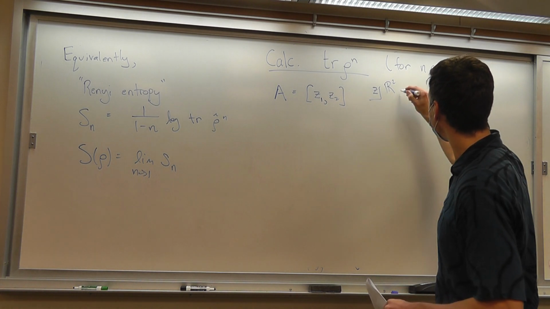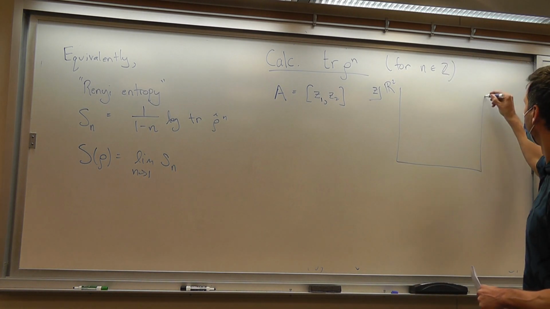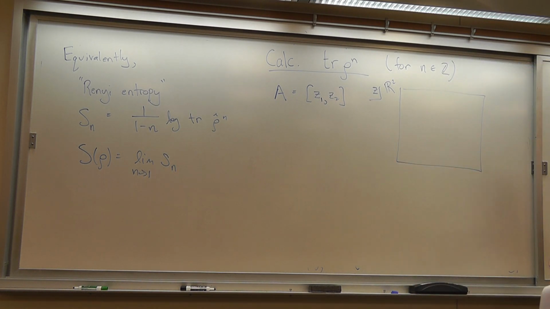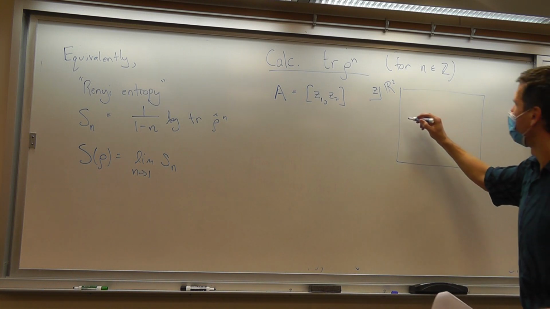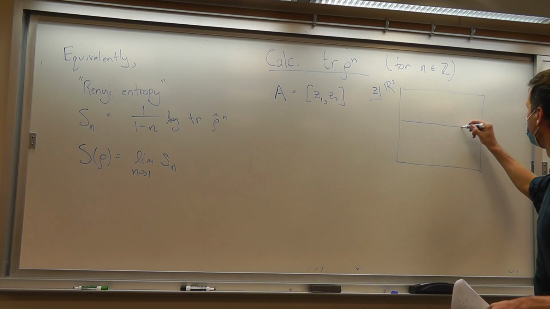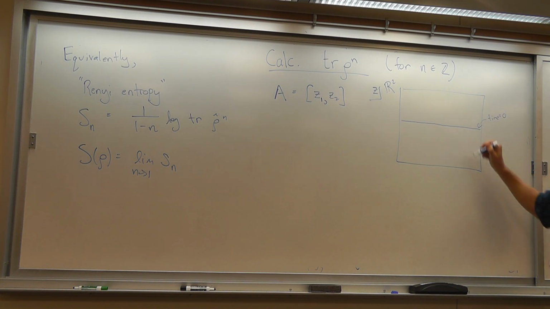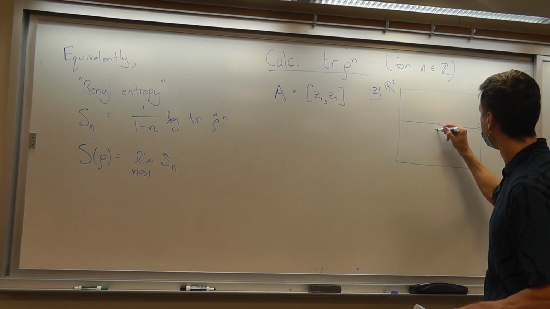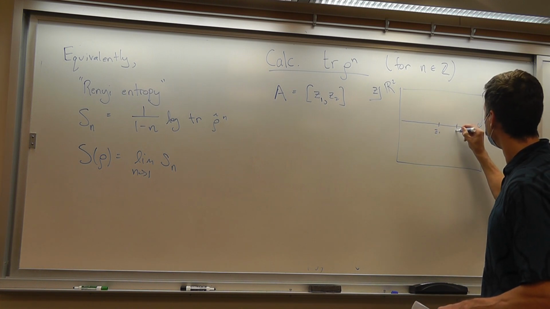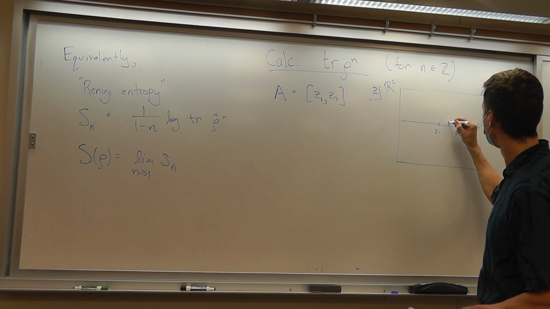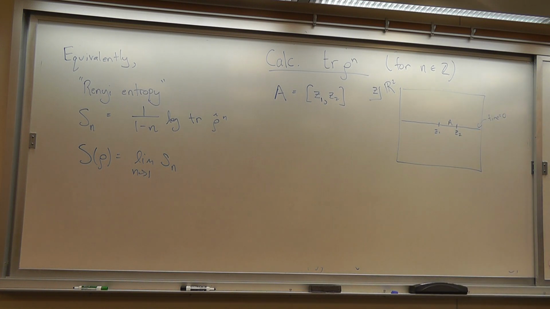So on the complex z-plane, this is our Euclidean space. The real axis is time 0. And z1 is here. z2 is here. So this is region A.